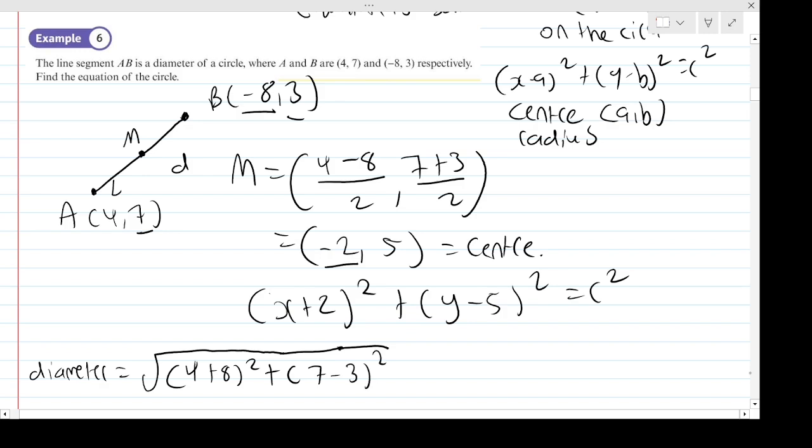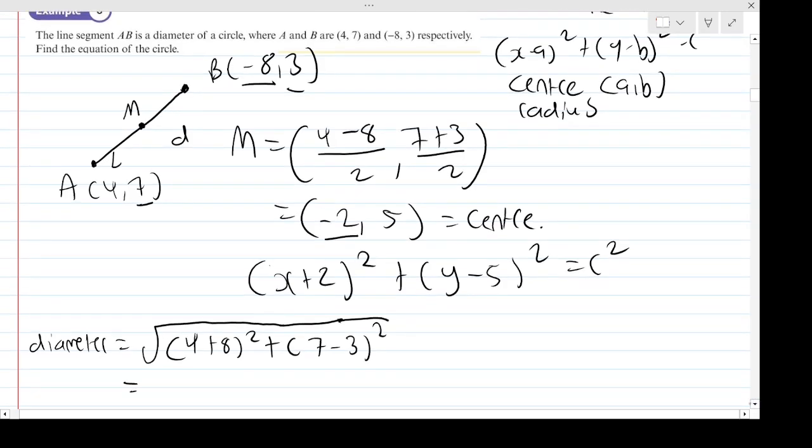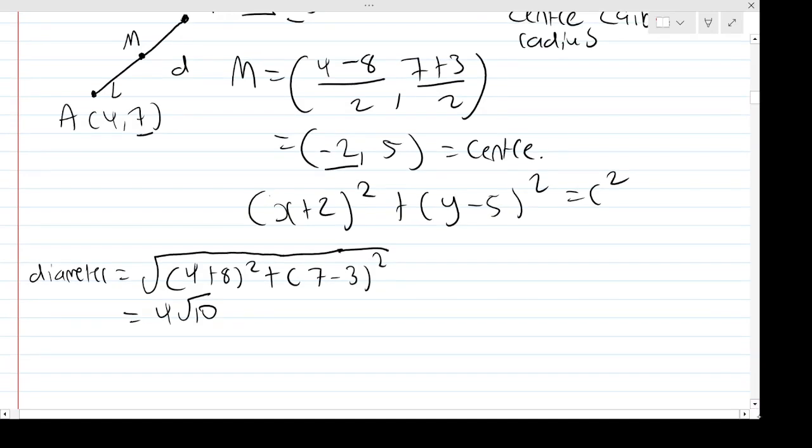And that gives me my diameter if I put that in the calculator, right? So the root of 4 plus 8 all squared plus 7 minus 3 all squared. I get 4 root 10, okay? But that's the diameter. We know the radius is half the diameter.